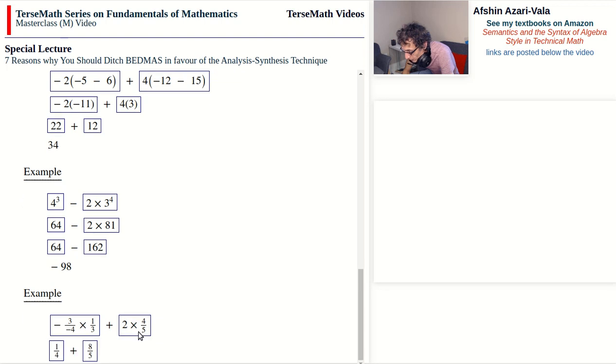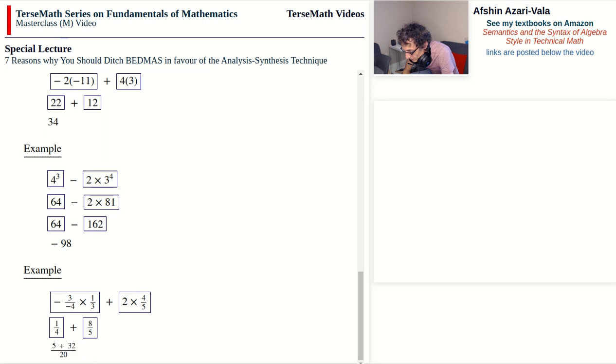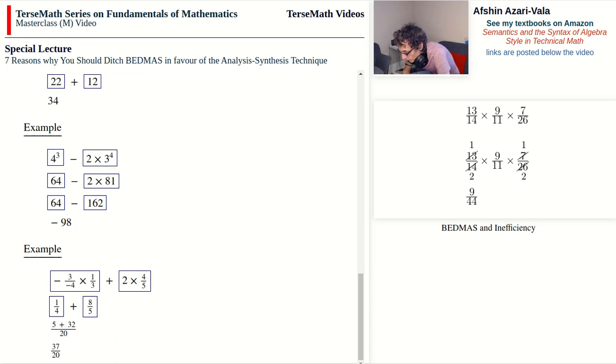For the next one, we have a plus, there are no negatives, and then 2 over 1, we multiply 2 over 1 by 4 over 5 to get 8/5. And now the least common denominator is 20. 20 divided by 4, 5, times 1, 5. 20 divided by 5, 4 times 8, 32. And we end up with 37 over 20.